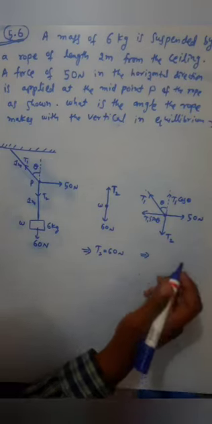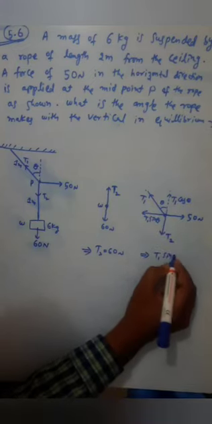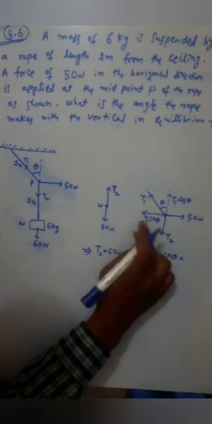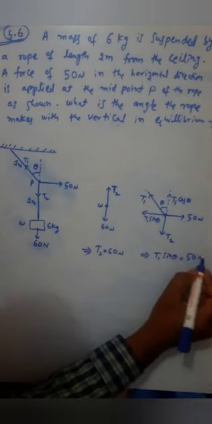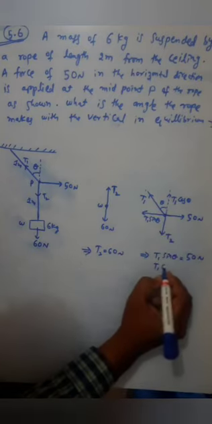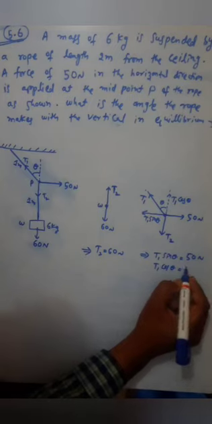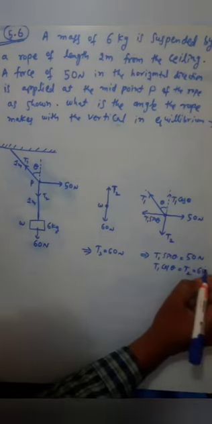From that we can write T1 sin theta is equal to 50 newtons, and T1 cos theta is equal to T2, but here T2 is equal to 60 newtons.